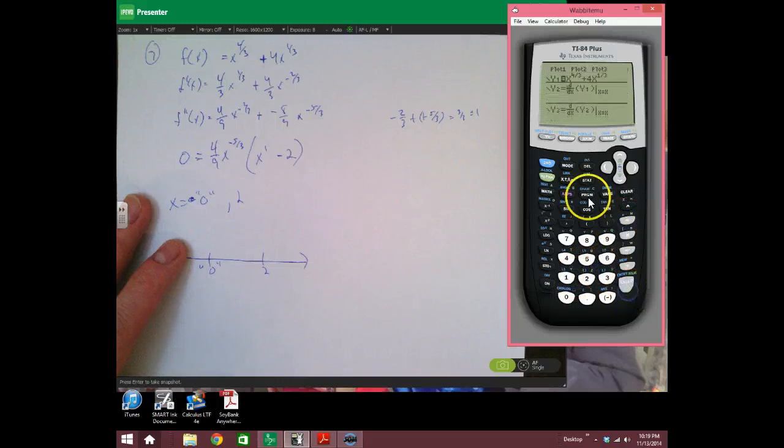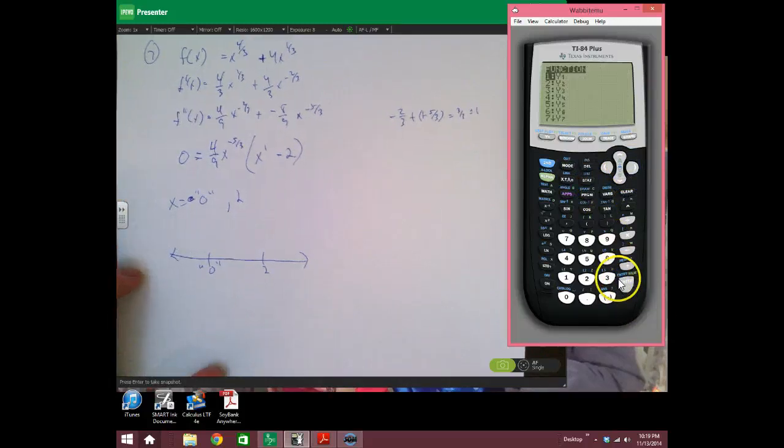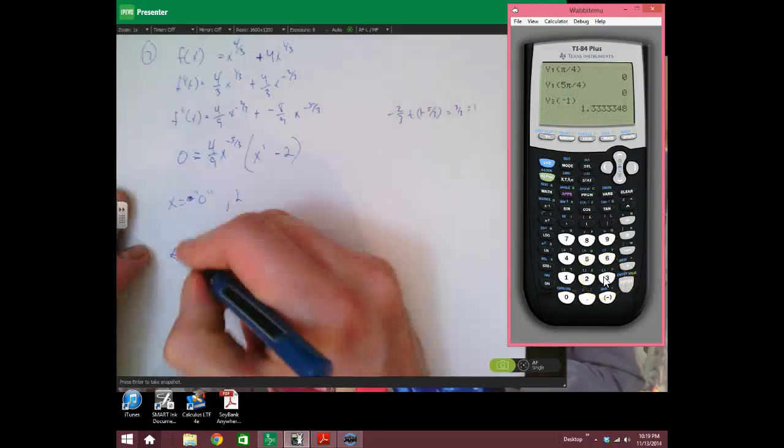And again, if you'll notice, for all these problems I've kept the first derivative and the second derivative in y2 and y3, and that's going to allow me to do y3, which is the second derivative, because I'm doing the second derivative test, of let's say something less than 0, so like negative 1. I get positive.